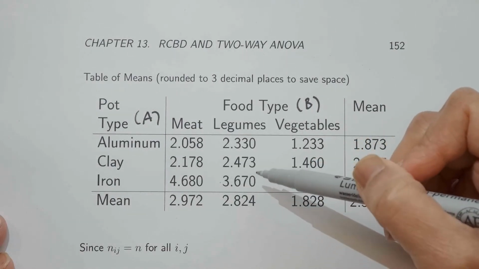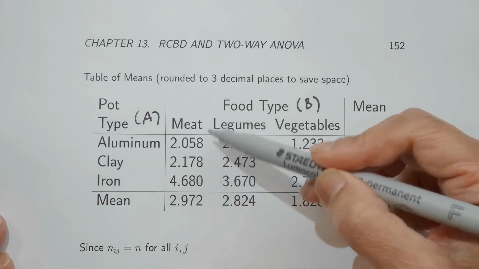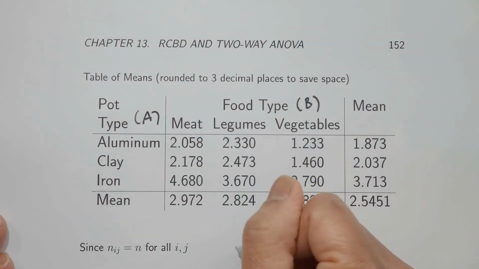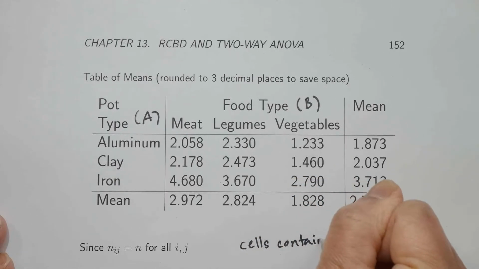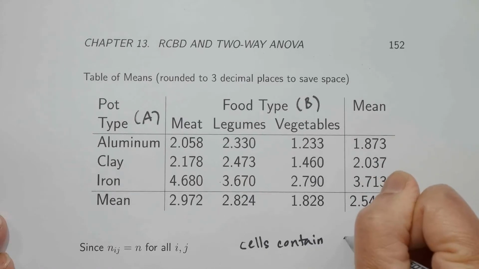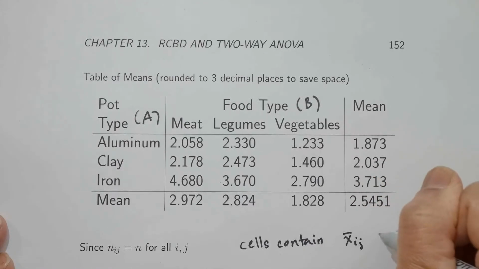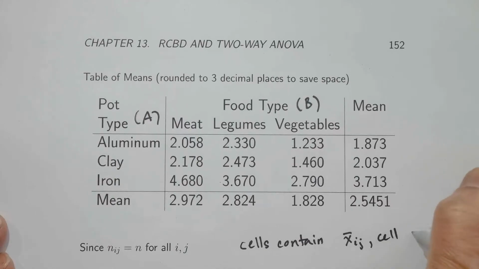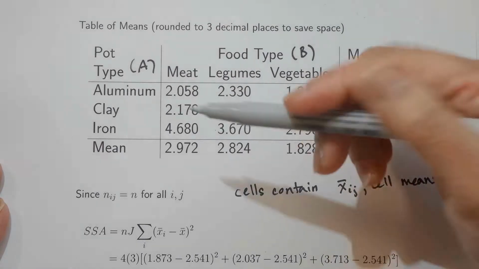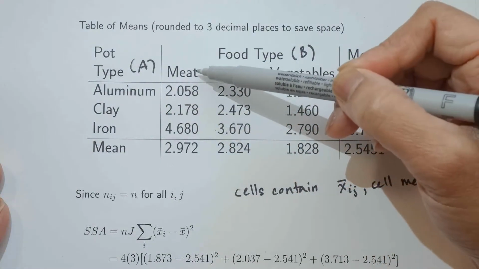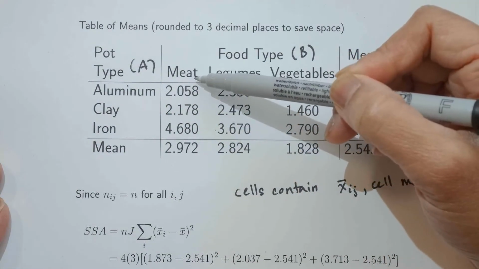So the cells contain X bar ij, the cell means. Because remember that for each combination, if we looked at pot type aluminum and food type meat, we had 4 different observations.